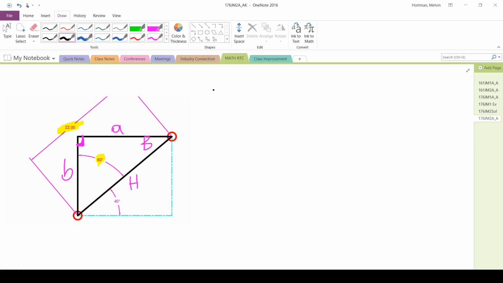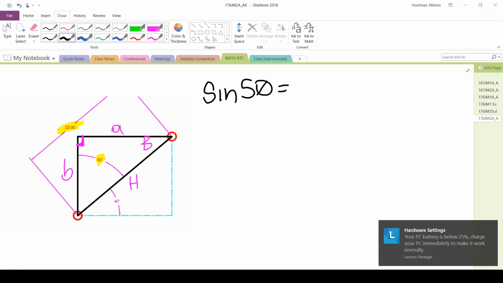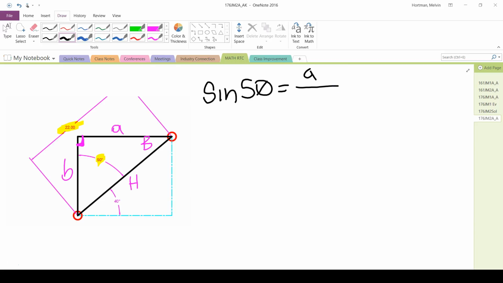Let's try sine first. Let's do sine of 50 equals the opposite. That's this angle is opening up to angle A, so the opposite is angle A over the hypotenuse, which is 22. Well, would you look at that? We got our answer on the first go. Sine of 50 degrees equals A over 22 centimeters. I'm including my given information, and A, the unknown, is a part of the equation.